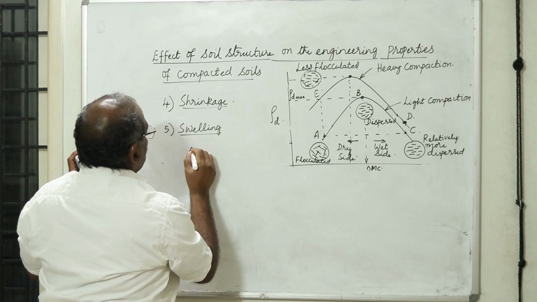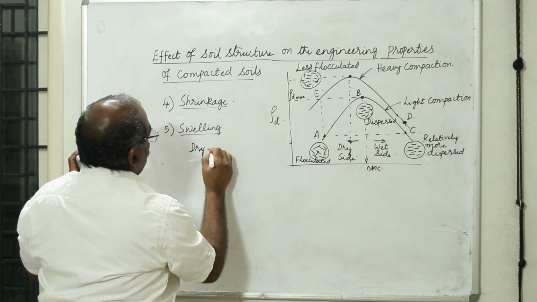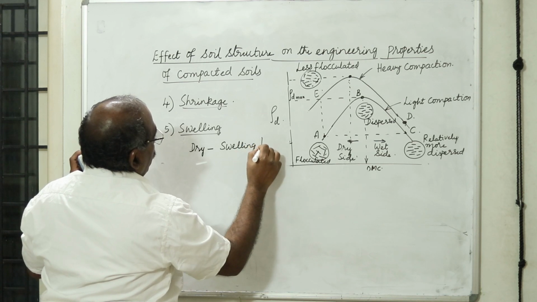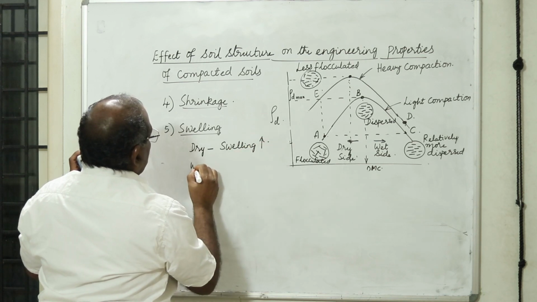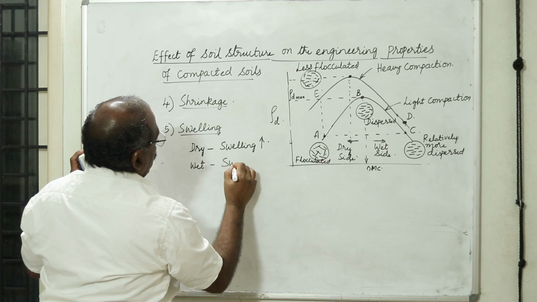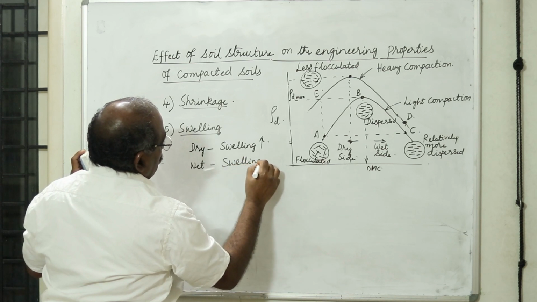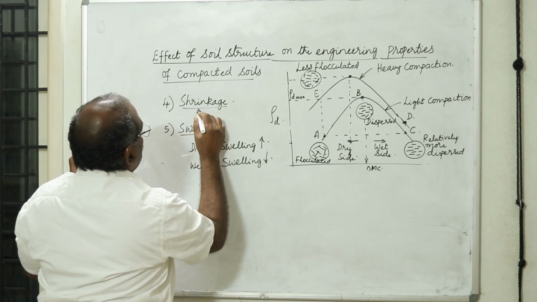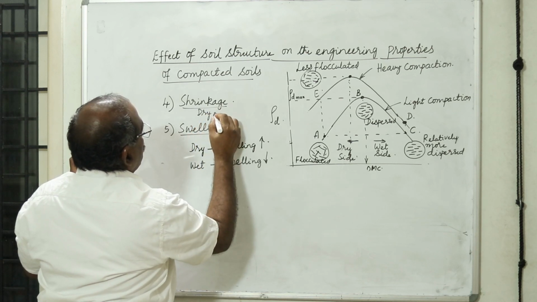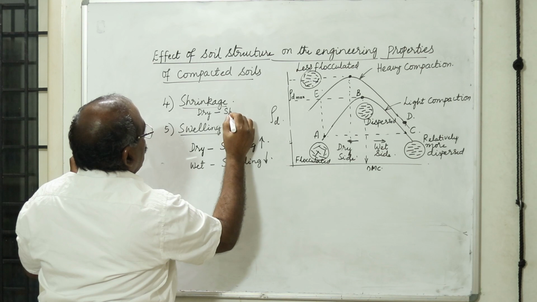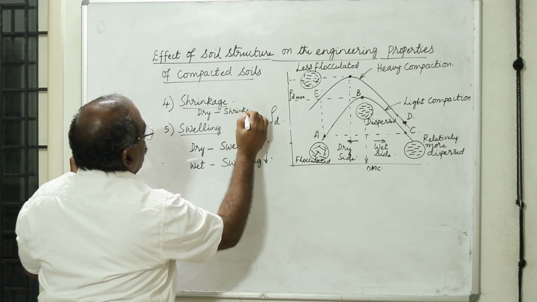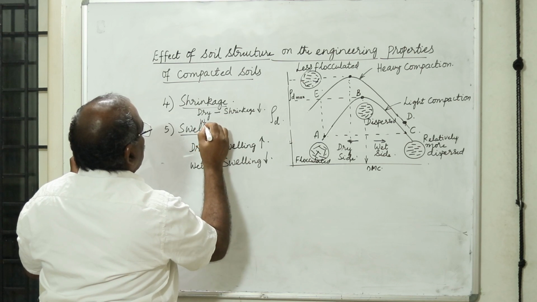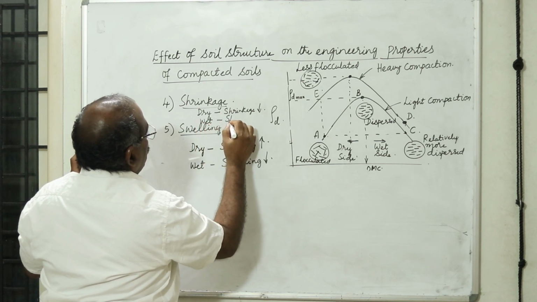This is dry side, swelling is more. And wet side, swelling is less. In a similar way, for shrinkage, on the dry side shrinkage will be less, and on the wet side shrinkage will be more.